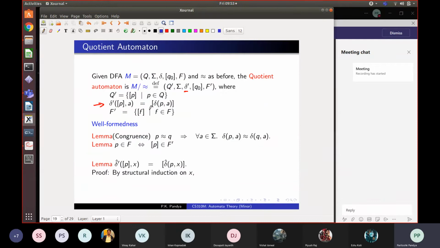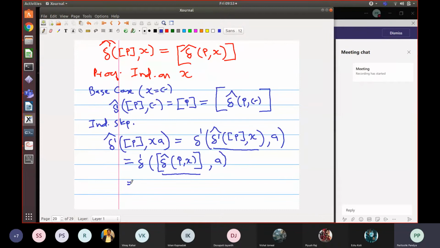So if you have something of this form, we can write it in this form. We can write this as delta of delta hat of P on x, a. Let me write the justification: this was by the induction hypothesis, and this is by the definition of delta prime, right?